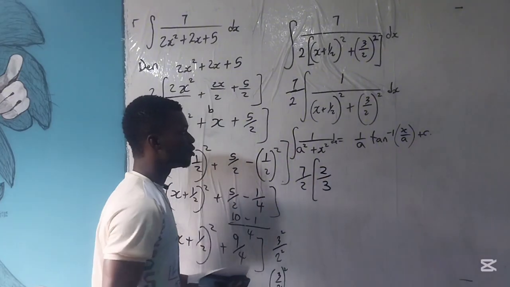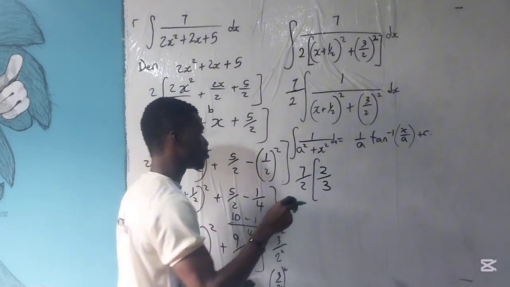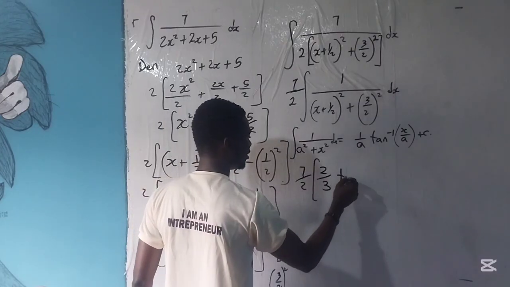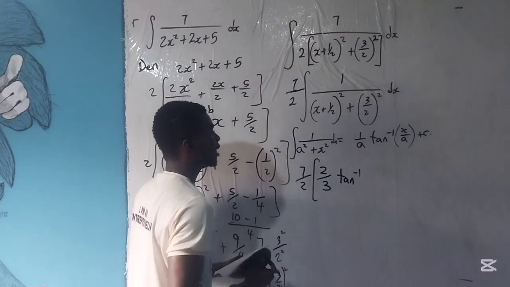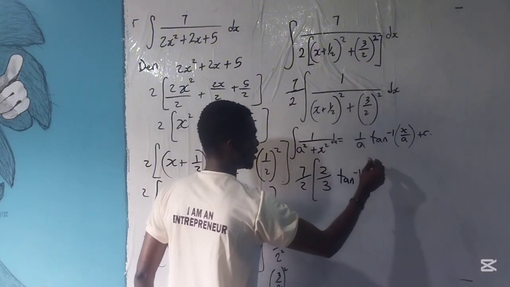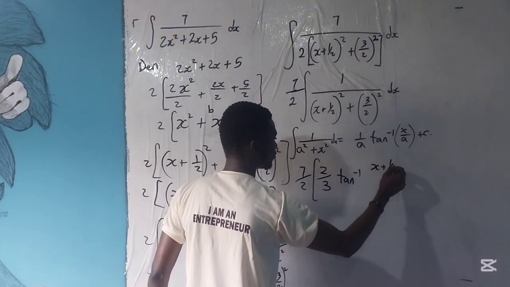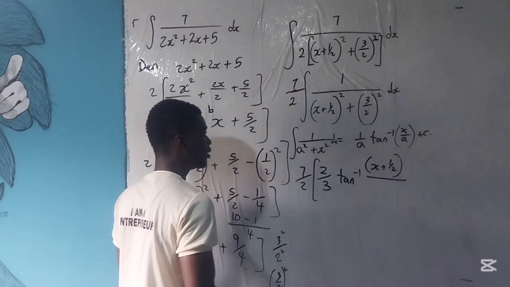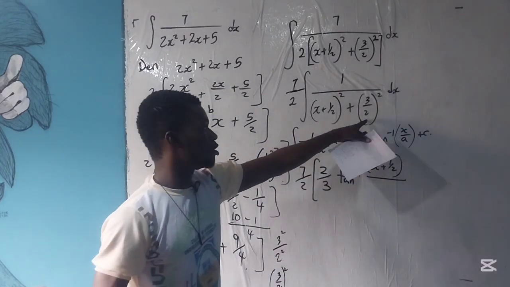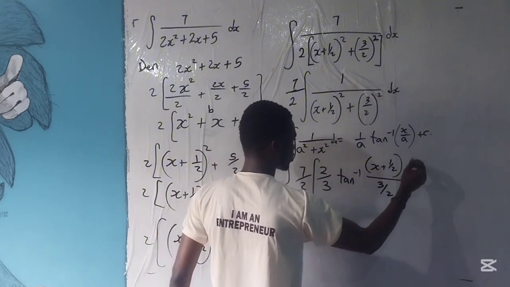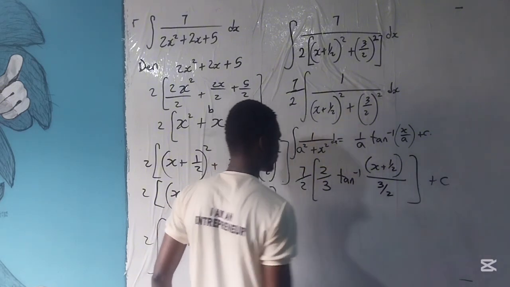That's 1 over a. Then tan inverse or arctan. Now our x is this bracket. That's x plus half, not the square. All over our a, which is 3/2, right? Plus c outside.